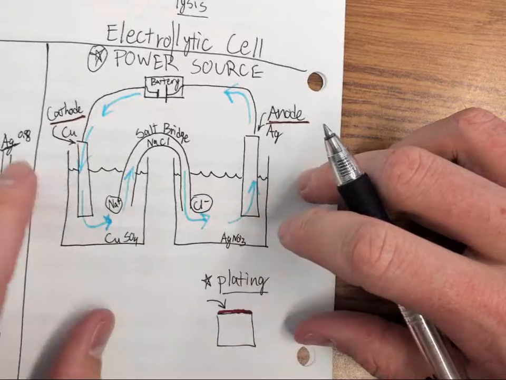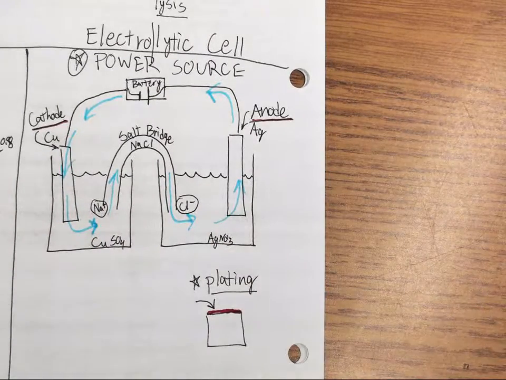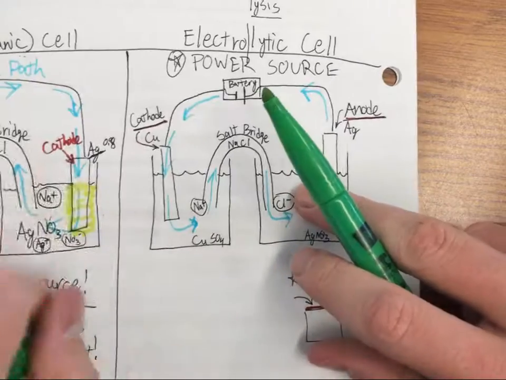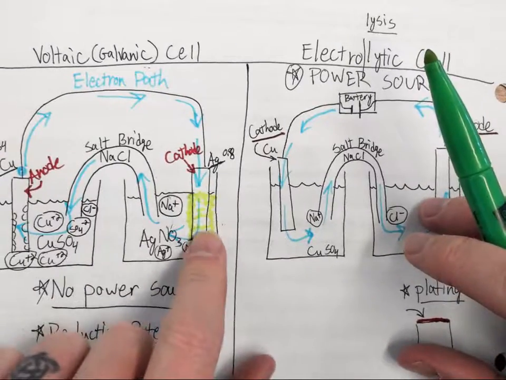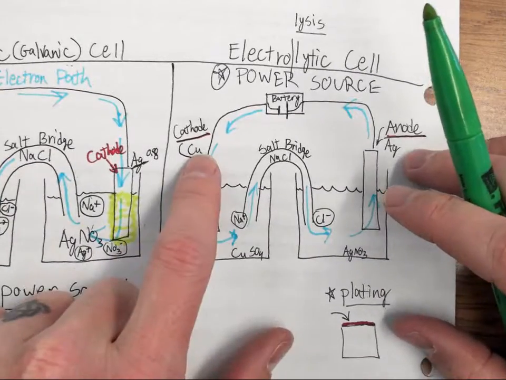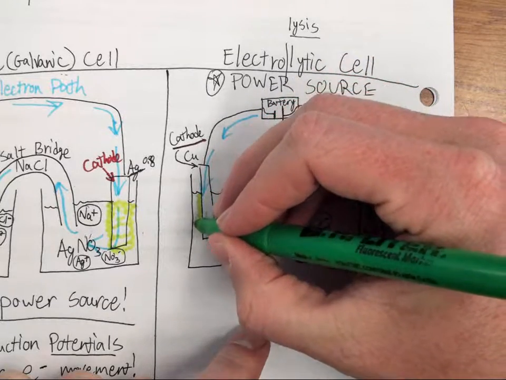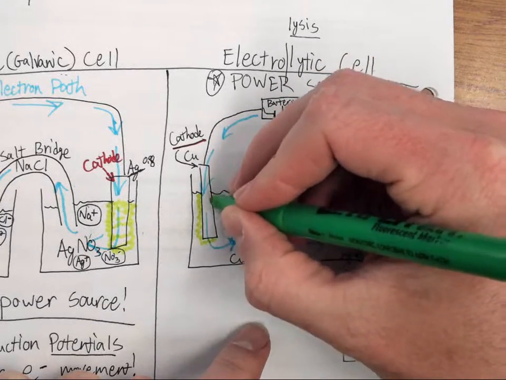Now which side would have your buildup? Last time the cathode was your silver, and there's always a buildup on the cathode. So in this case, our cathode is copper, so we're going to have a buildup around here.